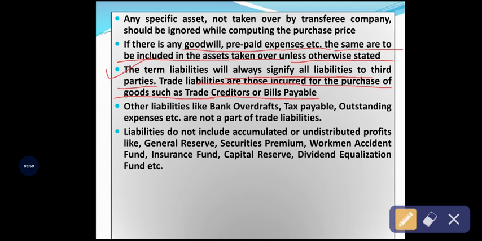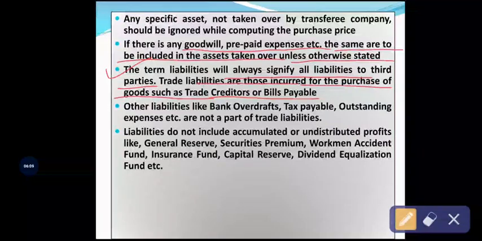Liabilities must be taken over by the transferee company, because while acquiring the assets and liabilities from the transferor company, the transferee company will pay the liabilities to the respective persons.